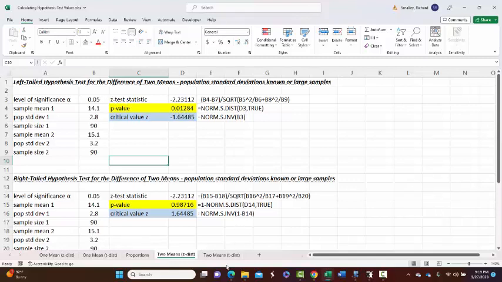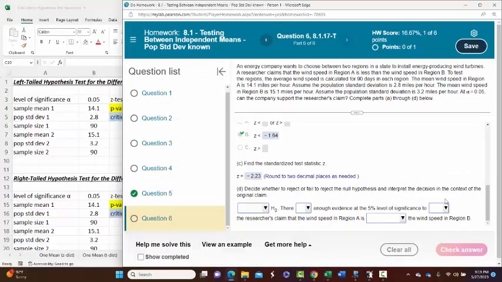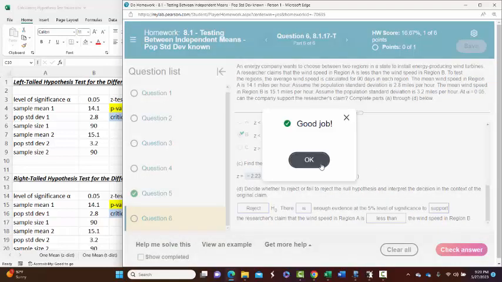So we've got reject for sure. Reject. There is enough evidence to support the researchers' claim that the speed in region A is less than the speed in region B. Hooray for us!